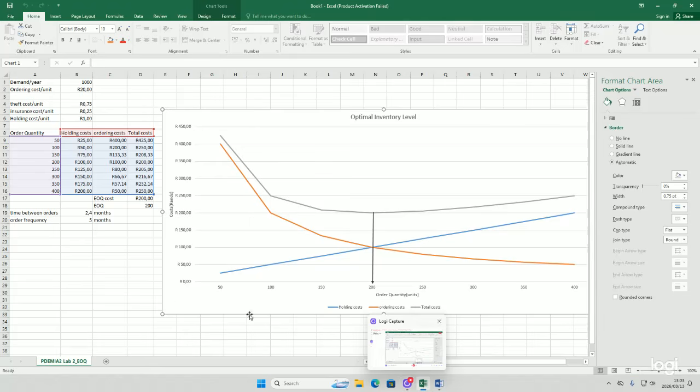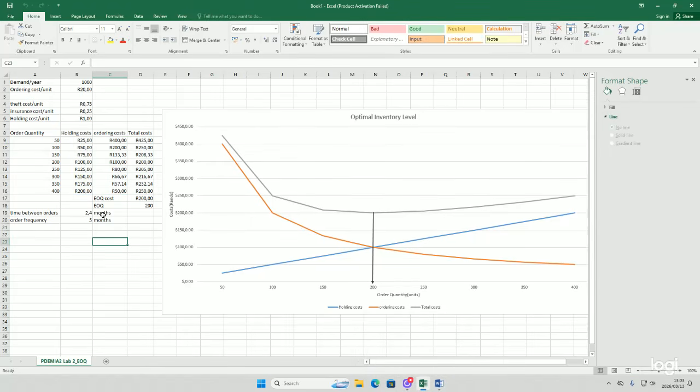That is that. So these are the things that I will need you guys to calculate: your order frequency, time between orders, total costs, holding costs, and holding cost per unit and holding cost per quantity. You'll be given your holding cost as a constant, your demand as a constant, and your ordering cost per unit as a constant. You would use that to calculate your holding cost, ordering cost, and total cost.